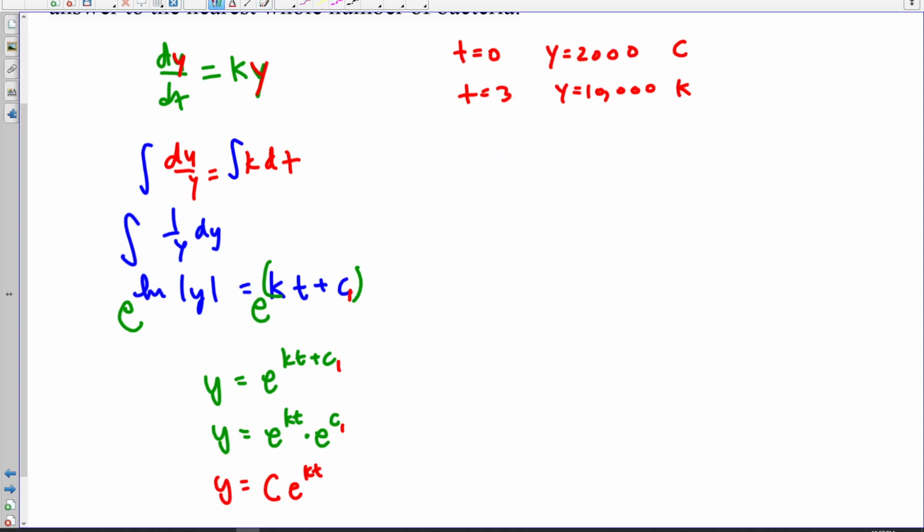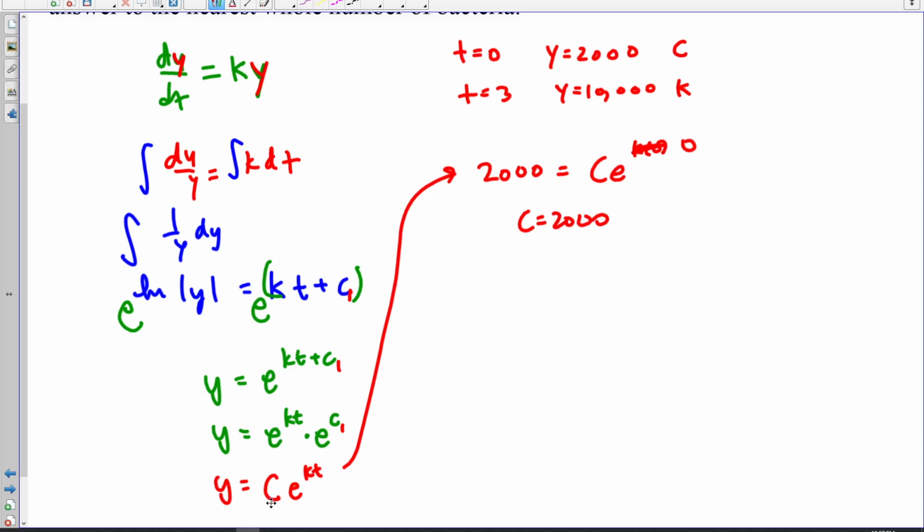So plugging this in, 2,000 is equal to c e to the k times 0, which is just 0. e to the 0 is 1, so c is equal to 2,000. So if I plug that c in, I'll have y equals 2,000 e to the kt. All right, I'm almost done.